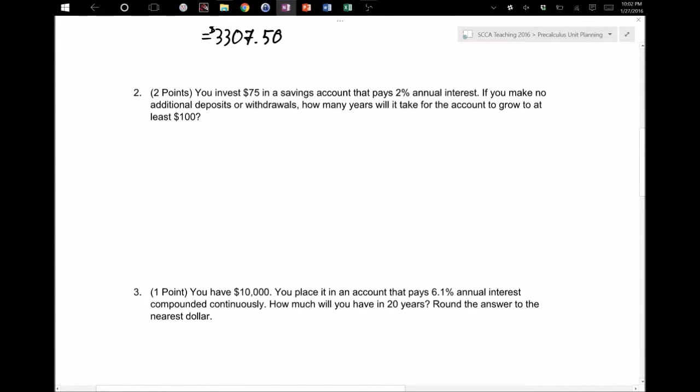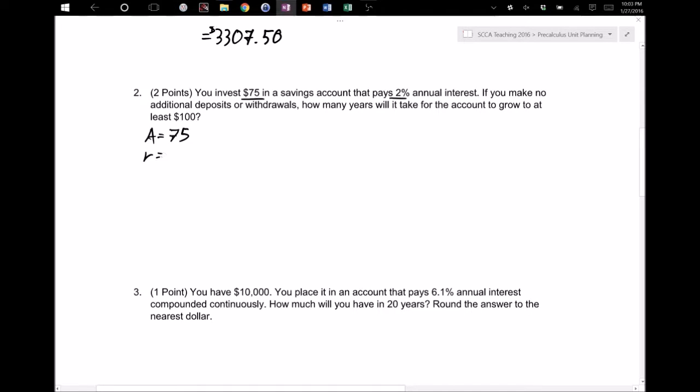All right, the next problem. You invest $75 in a savings account that pays 2% annual interest. If you make no additional deposits or withdrawals, how many years will it take for the account to grow to at least $100? So what do I know? There's my A. A is 75.